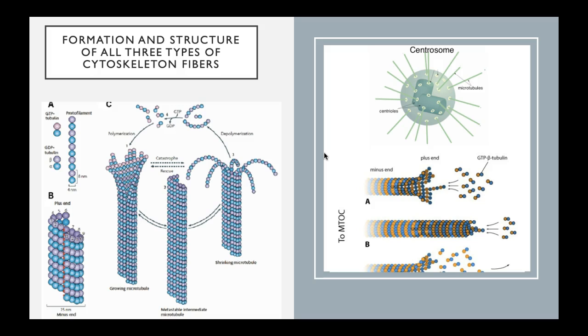So tubulin can be added to either end, but it prefers to grow from the growing end or the positive end. So this polarity, which is the positive and negative end of microtubules, is crucial for allowing the proteins that walk on them the directions to ship their cargo.